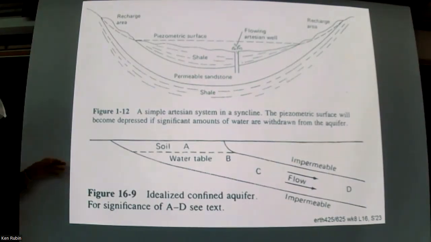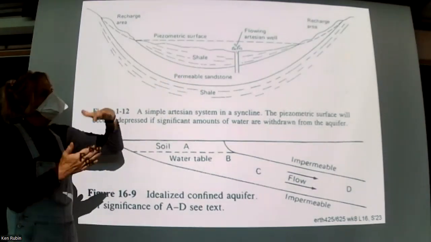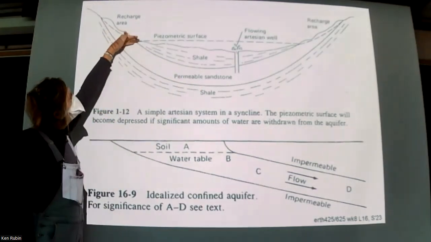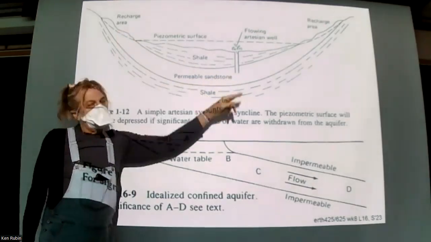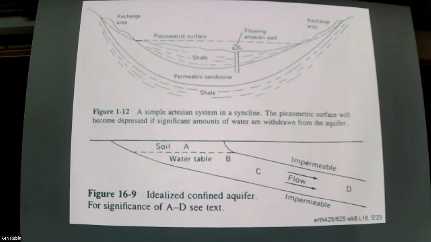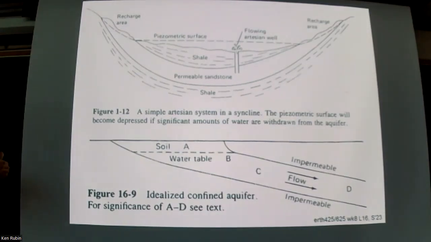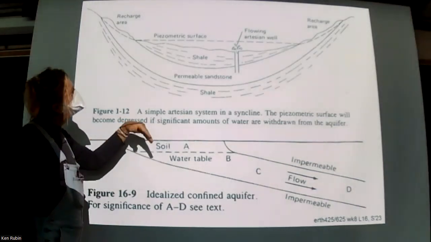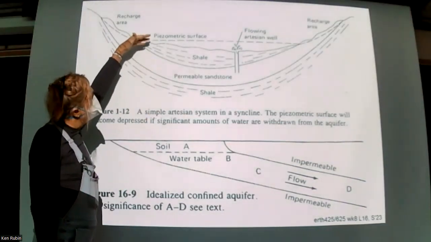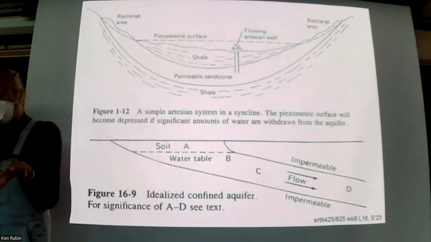The pressure of the water in here is essentially controlled by the relative elevation difference between this place and wherever we're sampling the water from. And that's basically the piezometric surface, the place of equilibrium of pressure, where the difference between the amount of pressure that's in the water because of this height difference goes to zero.